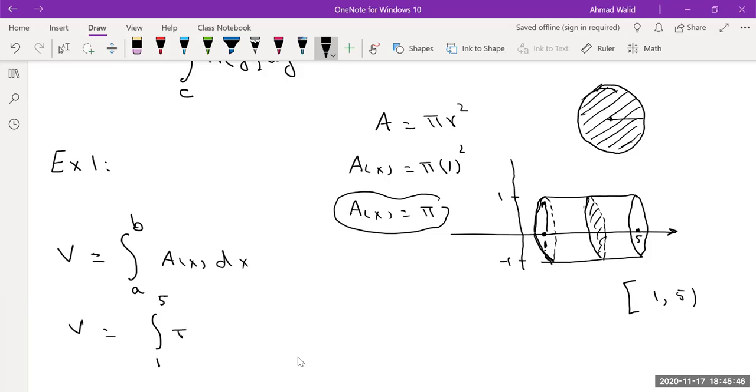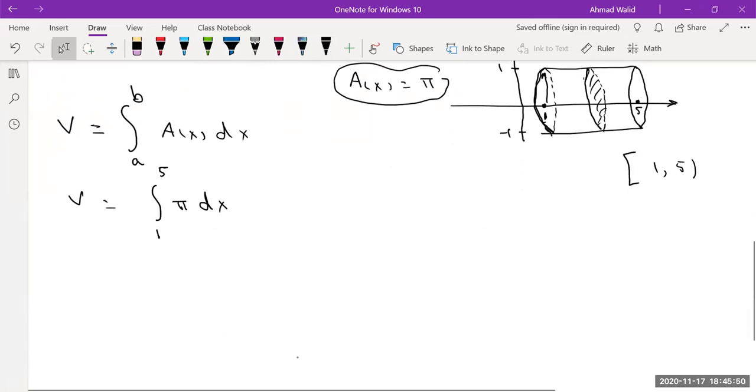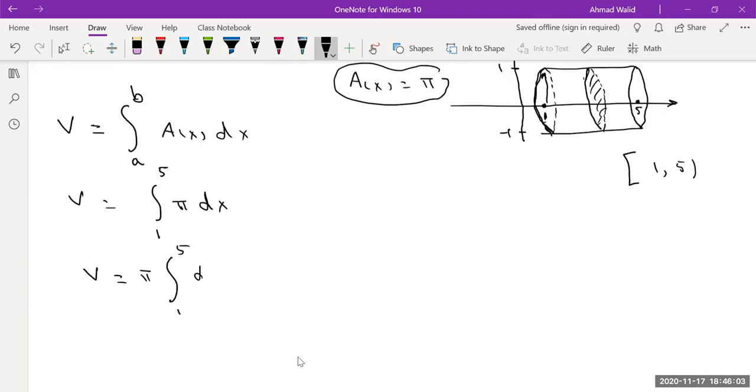Your A(x) is pi, right? Pi dx. Everyone knows pi is a constant, you can push it out, right? Then V equals pi times the integral from 1 to 5 of dx, correct?